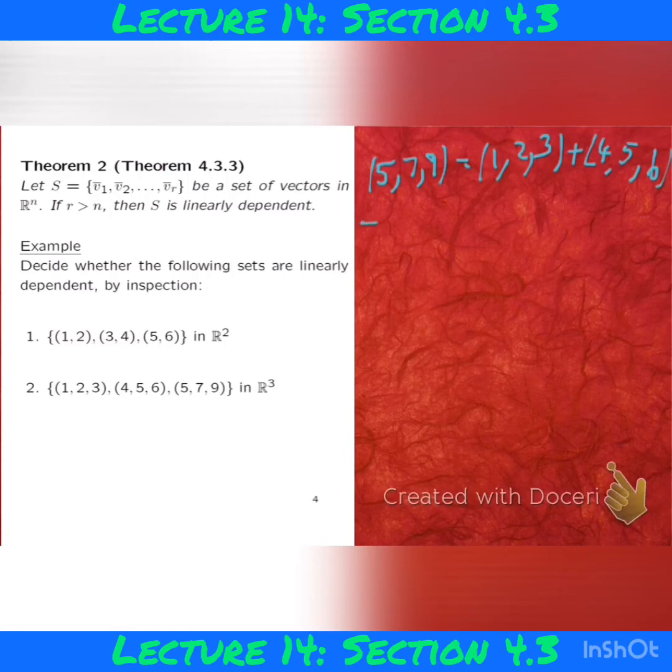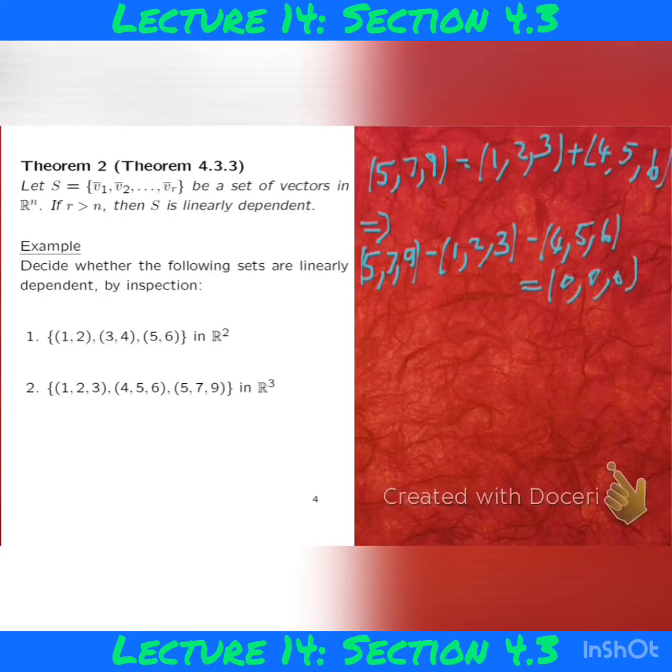Okay. So again, guys, you can write this as 5, 7, 9 minus the vector 1, 2, 3, minus the vector 4, 5, 6 is equal to the 0 vector.